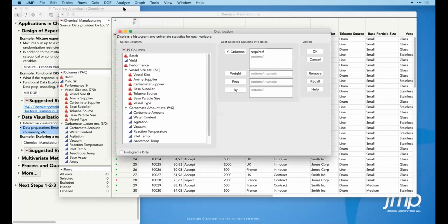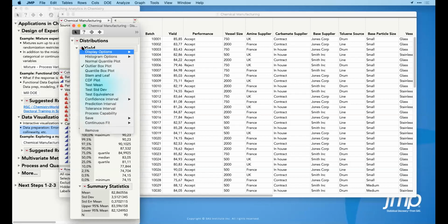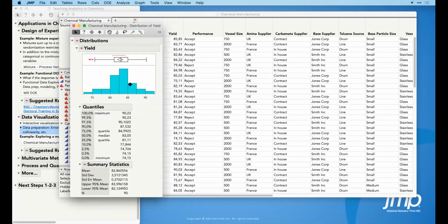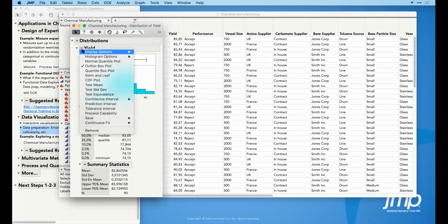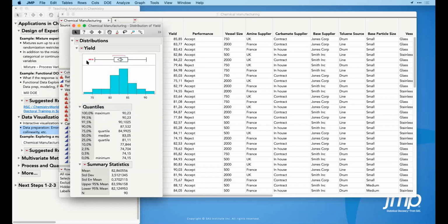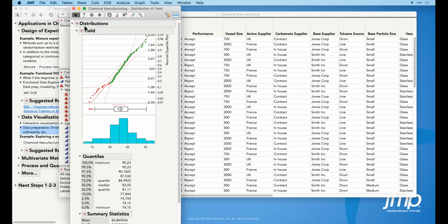Another basic platform is distribution. So I can look at yield again. Maybe if you just have one variable, you may want to have this as a horizontal layout. And now I can use the red triangle to dig deeper, maybe check normality using a normal quantile plot.